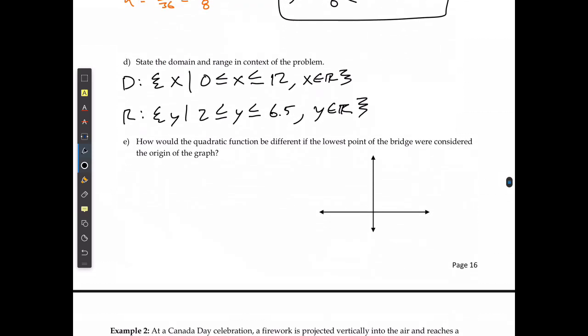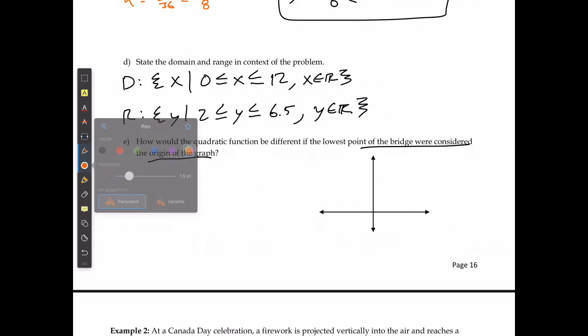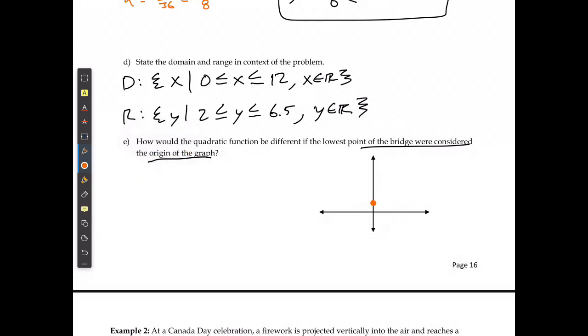If I think of how the quadratic function would be different if the lowest point of the bridge were considered the origin of the graph, which means it's going to be 2 meters above the ground right at 0 distance traveled. Well, the bridge itself would still be symmetrical at 12 meters.